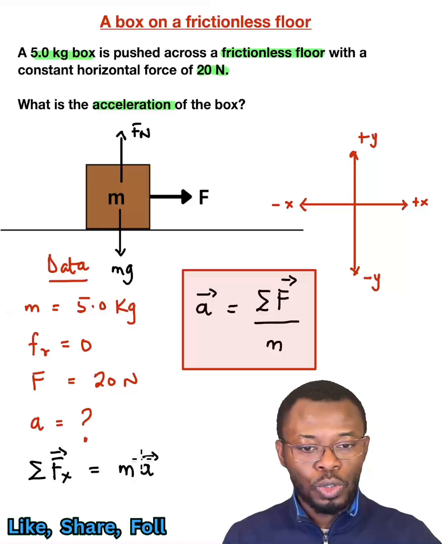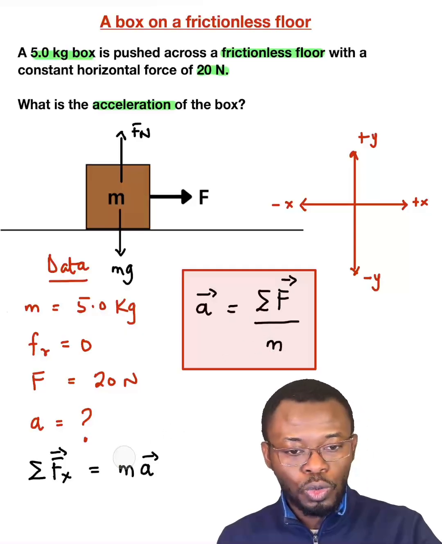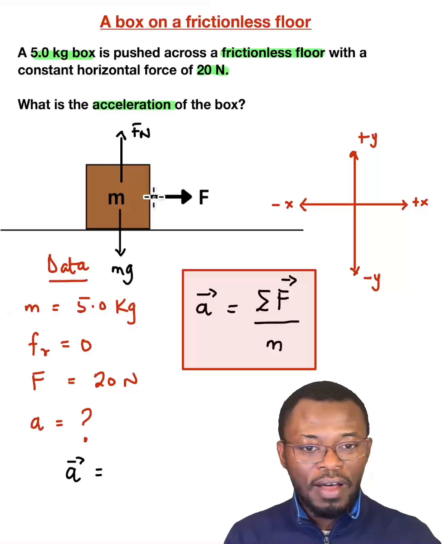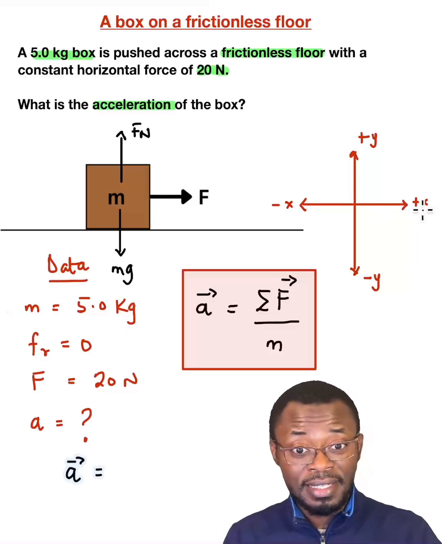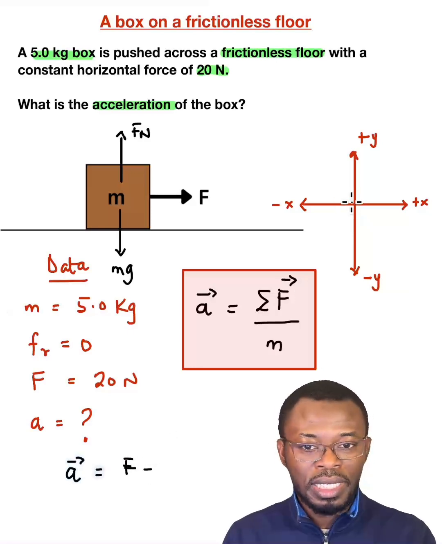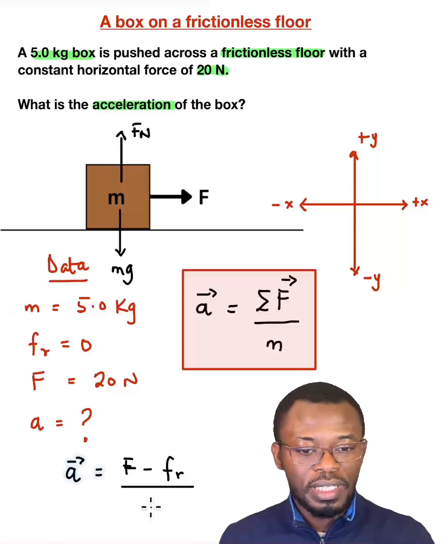With this, we can isolate the acceleration as we've seen here. The acceleration is nothing but the net force divided by the mass. So A is equal to the net force. We have this force pointing to the right, along the positive x-axis, F, and then friction always opposes the motion, meaning it points in the negative x direction, so minus Fr, and then divided by the mass of this block.